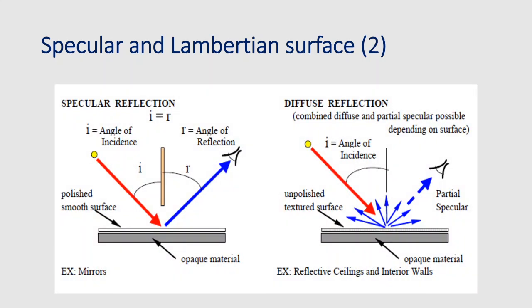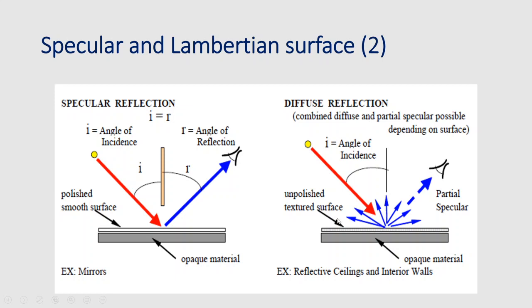All right, this is an example of what I'm mentioning. You see that the left figure shows the behavior of specular reflection, and this is the case of diffuse reflectors.